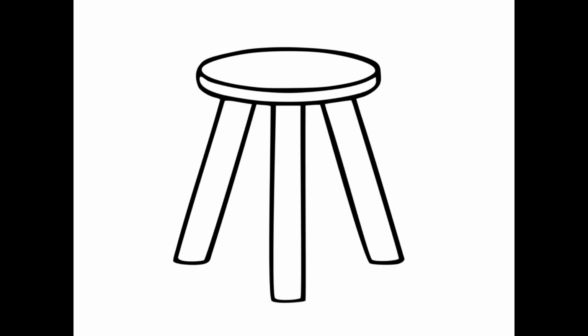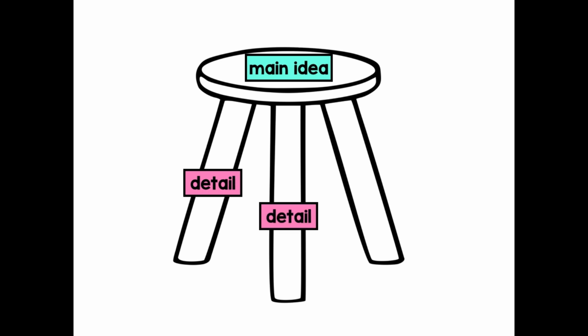So we can think about a nonfiction text by looking at this stool. It might seem a little crazy right now, but just watch and see. So if we think about the main idea being the seat of this stool, and then think about the details as being the legs of the stool.